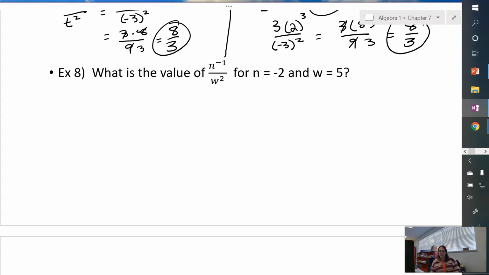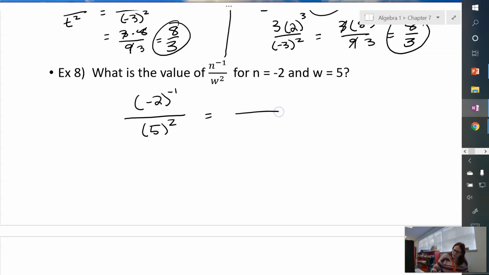What is the value of n to the negative 1 over w squared? So let's go ahead and substitute in. I'm going to have negative 2 to the negative 1 over w is 5 squared.